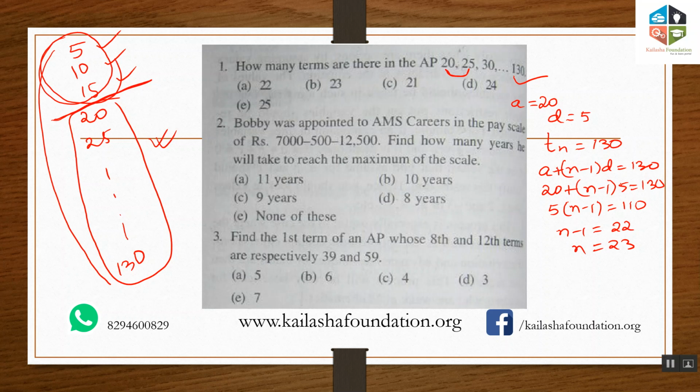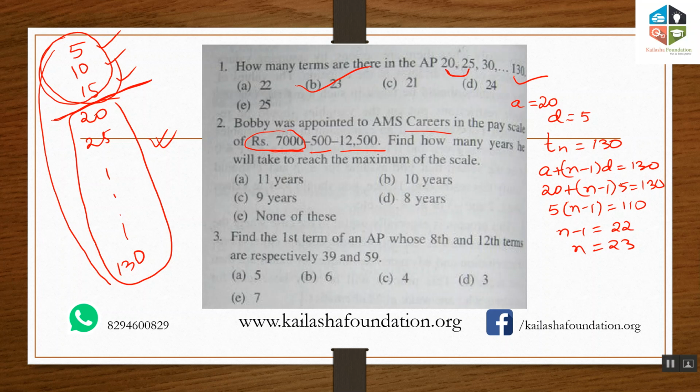So there are 23 terms. As simple as that. Bobby was appointed to AMS carriers in the pay scale 7,000 to 12,500. Find how many years it will take to reach the maximum of the scale. Okay, let me tell you how it works. 500 increment every year, and the initial pay was 7,000.